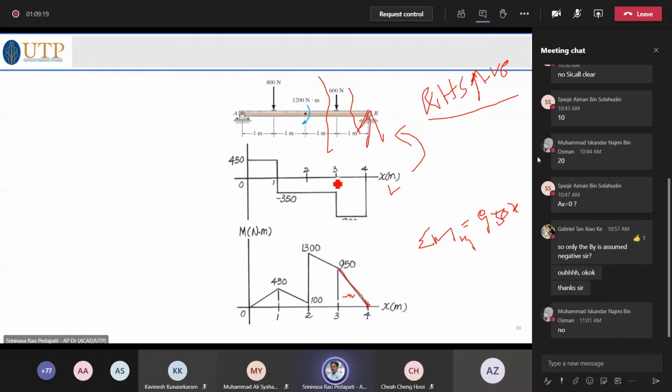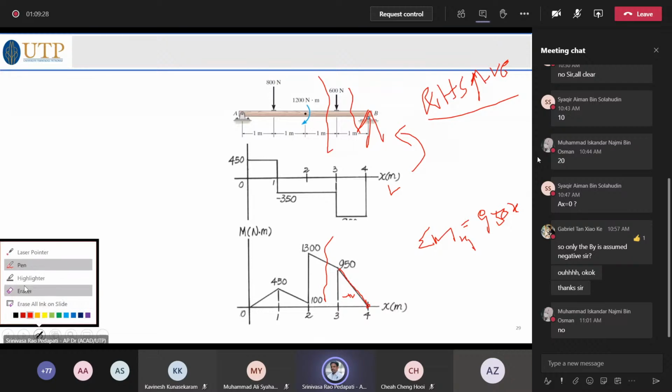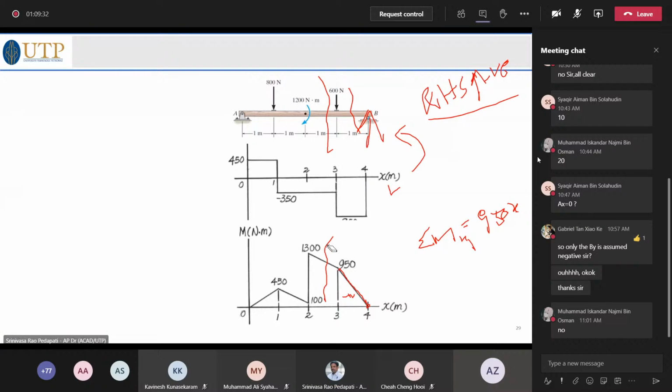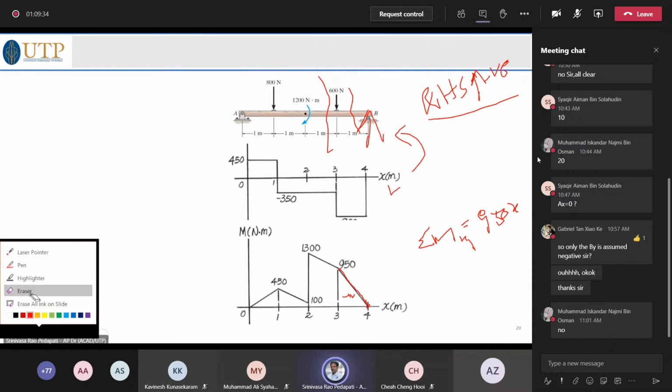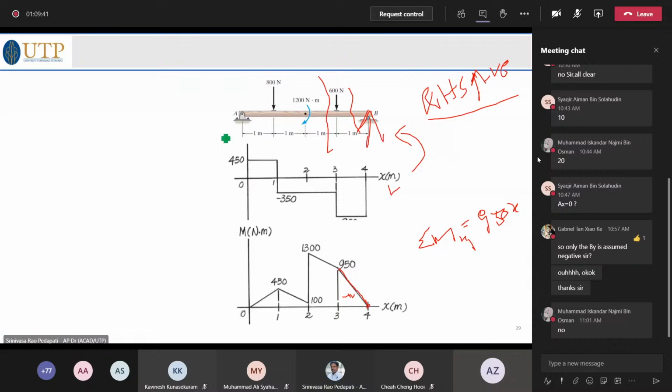So once you cross that, if you take section 2, sorry, we don't cut here. If you take the section at 2, at 2 means here.